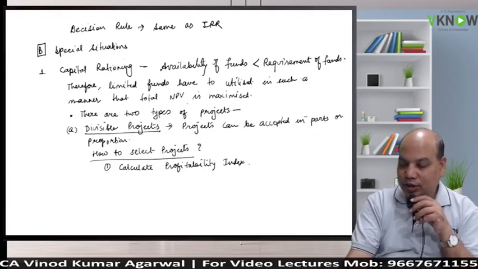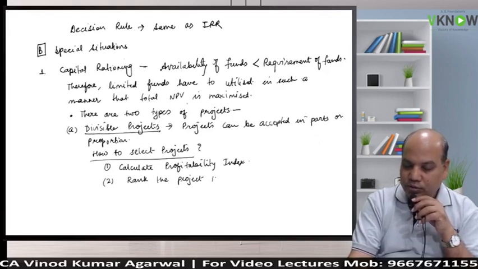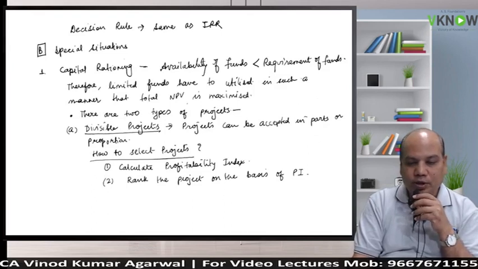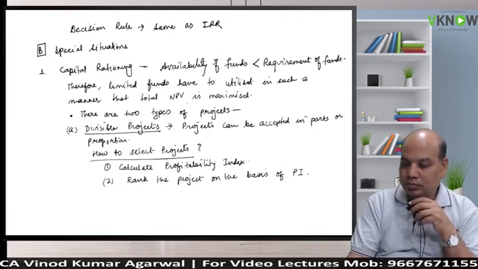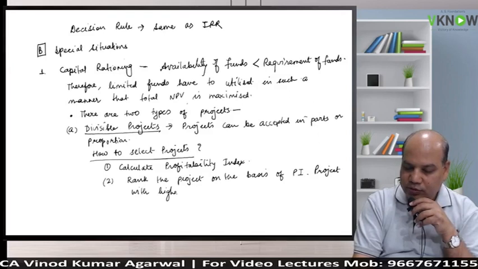Then step number 2, rank the projects on the basis of profitability index. The project with the highest profitability index will be ranked 1.